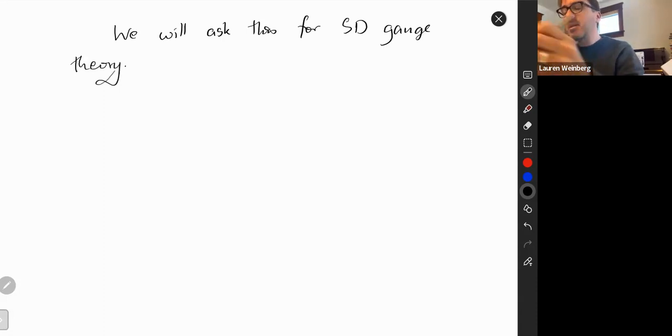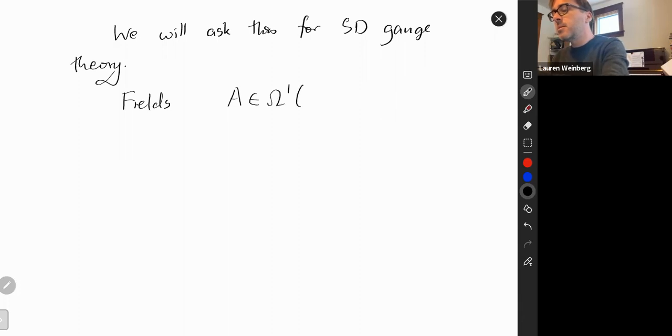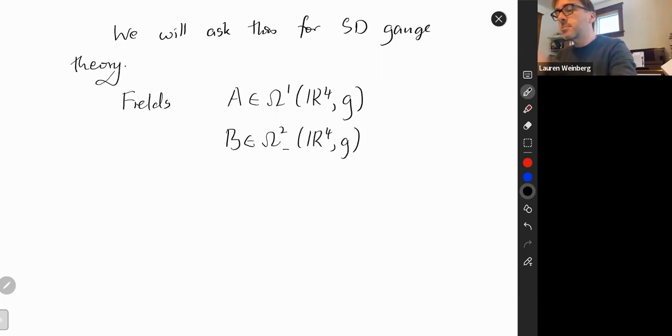Just to remind people, the fields of self-dual gauge theory consist of the usual gauge field and an adjoint-valued anti-self-dual 2-form.